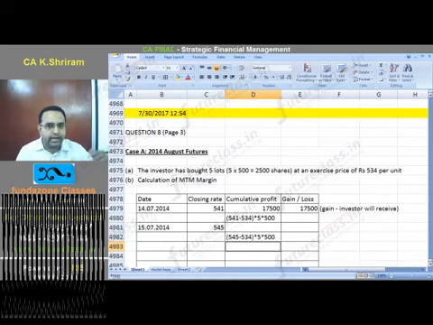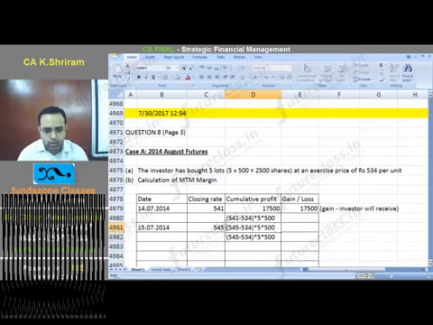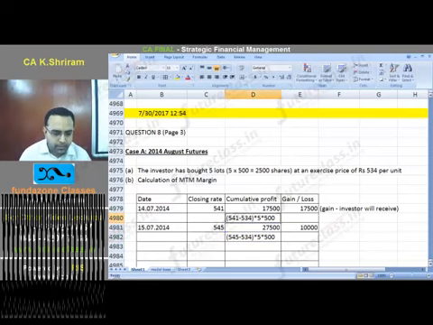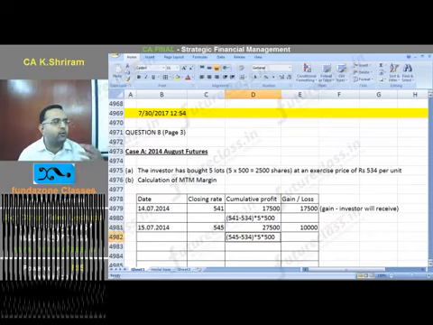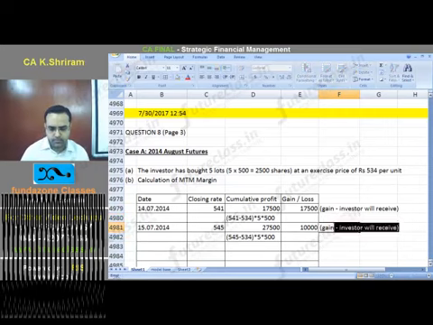That's the total gain. He entered into a contract, so his exercise price will always remain the same, irrespective of whatever happens in the market. He has made a total gain of 27,500. What did he get already? 17,500. So what does he get on the second day? It's 10,000. 10,000 is nothing but 545 minus 541, that's 4 rupees extra, into 5 into 500. Gain.